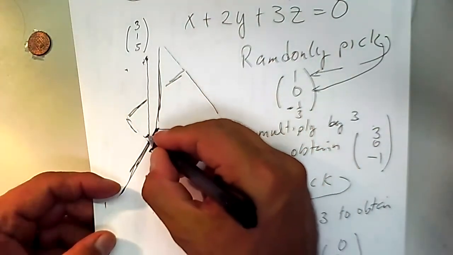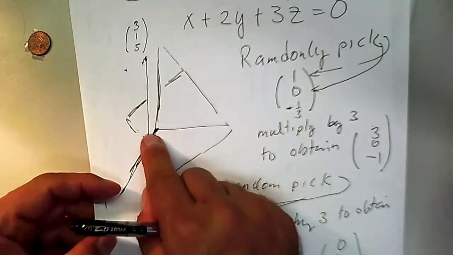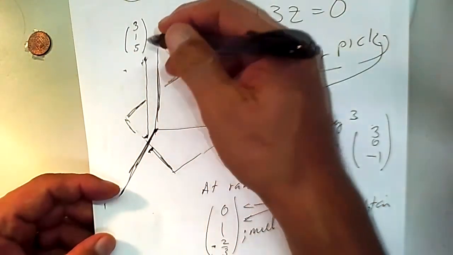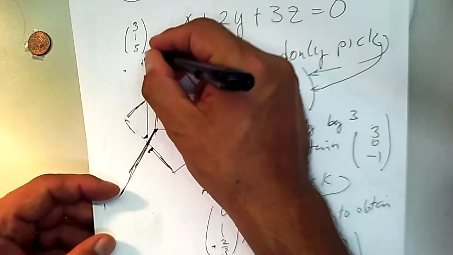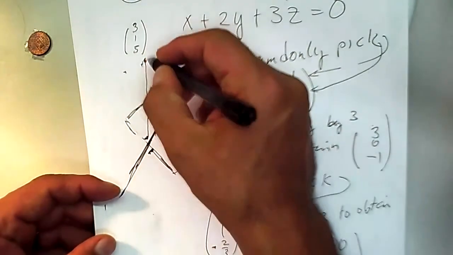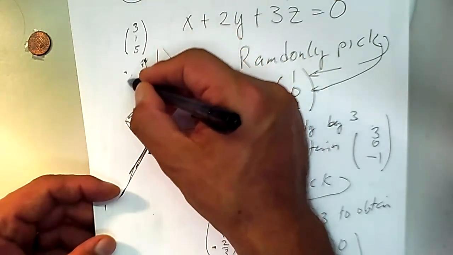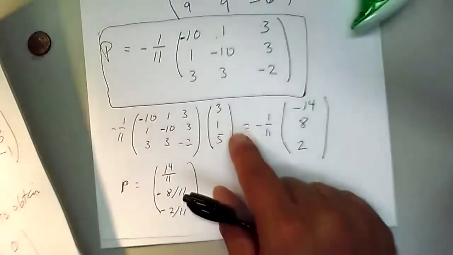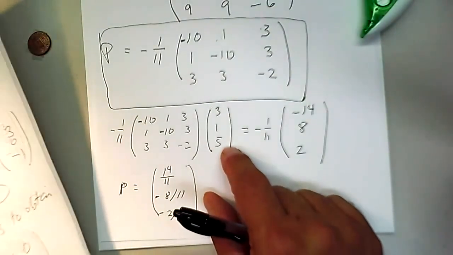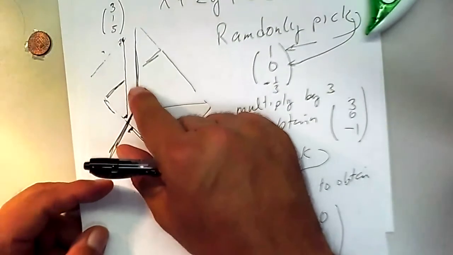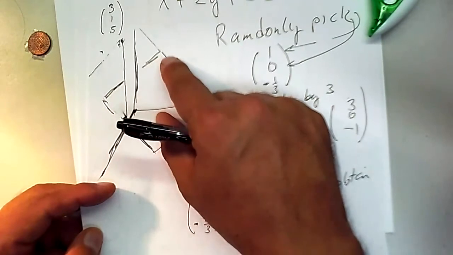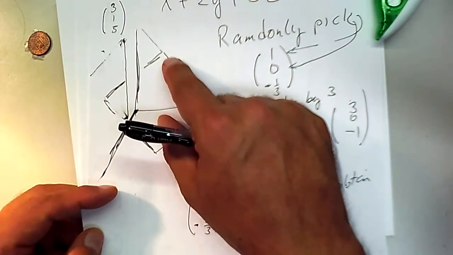Oh, wait a minute. This is not vertical. My picture of the plane is incorrect. If I do it perpendicular how it's supposed to be, it doesn't seem to match the point. So either I made a mistake here, which I could have, or my plane is not very well drawn.